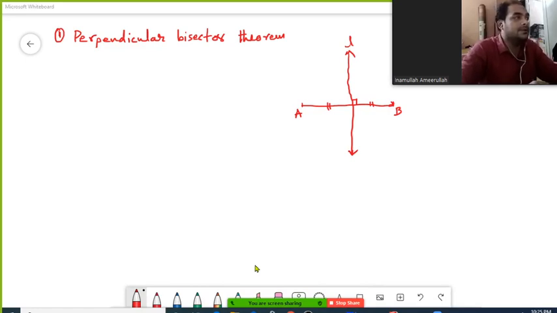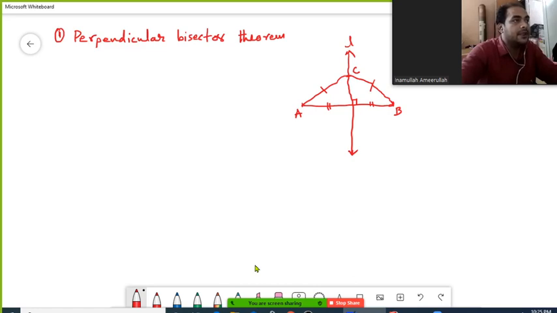According to this perpendicular bisector theorem, any point on line L will be equidistant from point A and B. For example, here we have a point C, so AC is equal with BC.